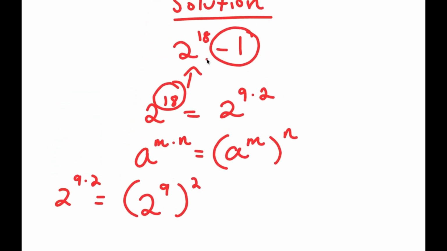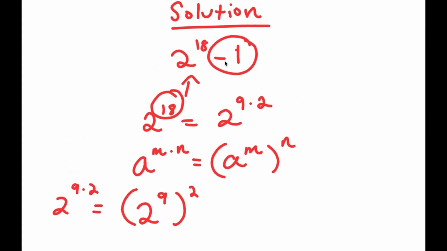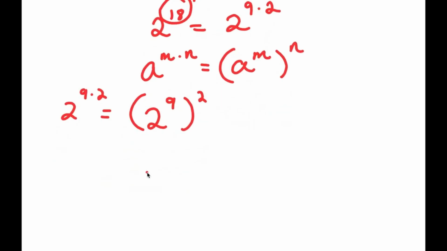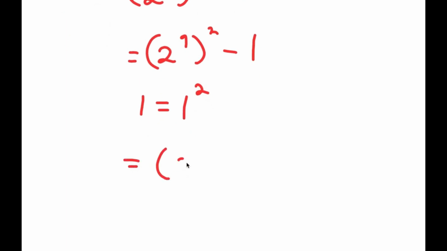So, going back to my original problem with the minus 1, I get 2 to the power of 9 to the power of 2 minus 1. And now 1 is the same thing as 1 squared. So I'm going to rewrite 1 as 1 squared, so I get 2 to the power of 9 to the power of 2 minus 1 squared.